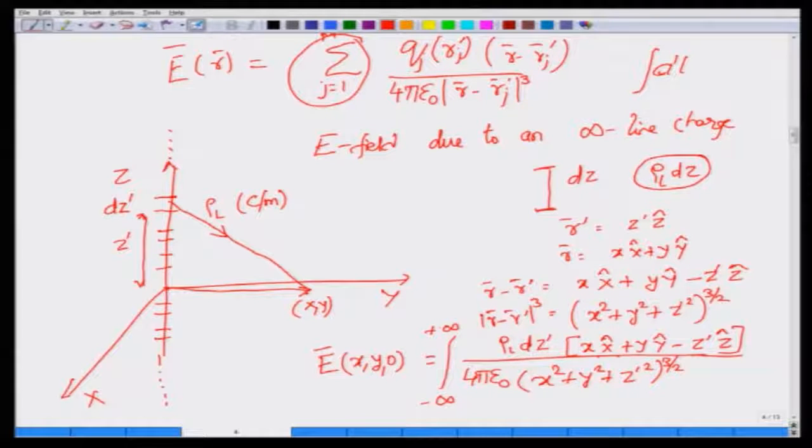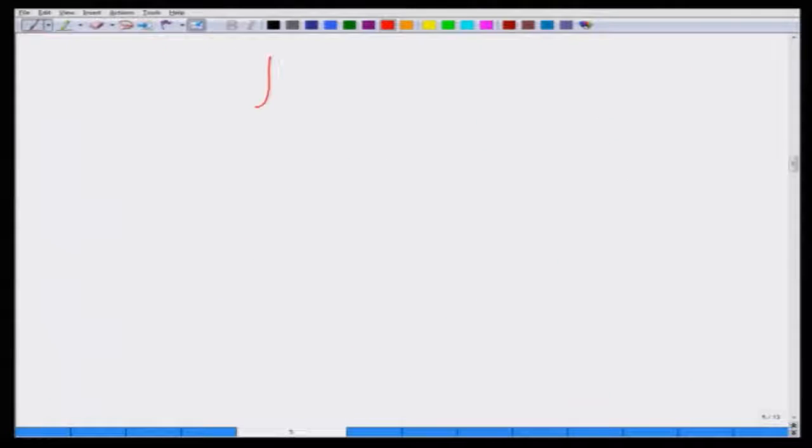My objective for the next few minutes is to evaluate this daunting looking integral, but we will see that it is not such a bad integral after all. I have integration with respect to a certain variable, with factors in the denominator, but the factors in the numerator are all vectors. We have probably not seen this type of integral in our earlier study.